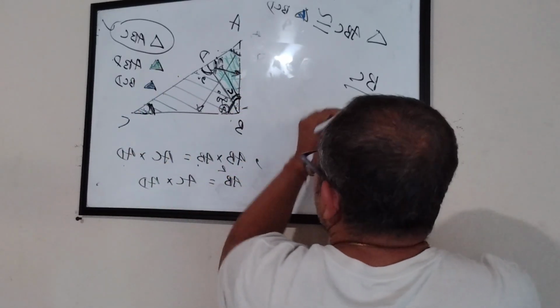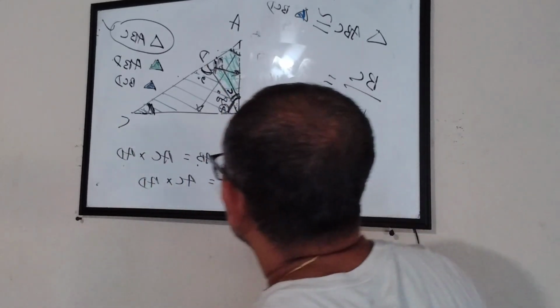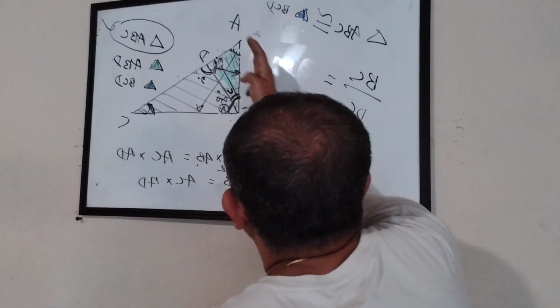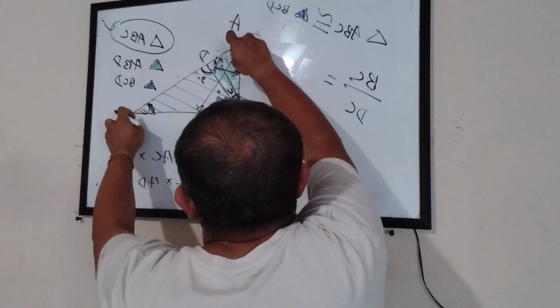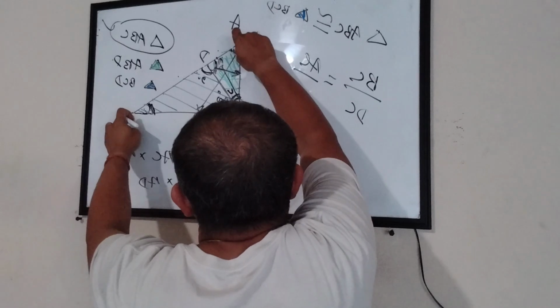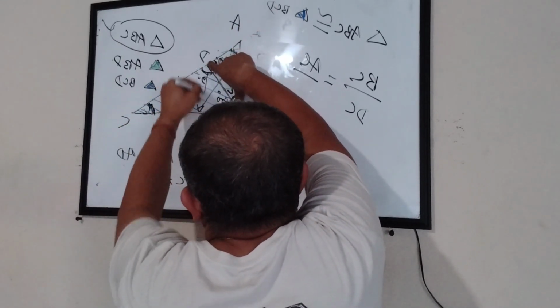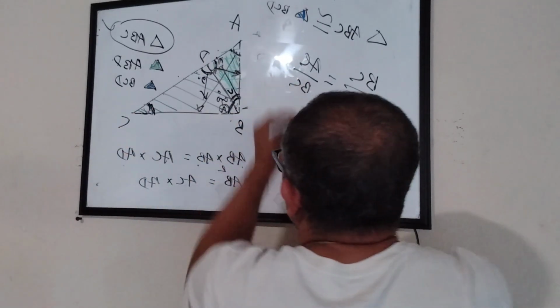BC by BC will be equal to, let's take AC, the hypotenuse of the large triangle divided by the hypotenuse of the small triangle. This is the hypotenuse now because this is the 90 degree. So this is AC by BC.